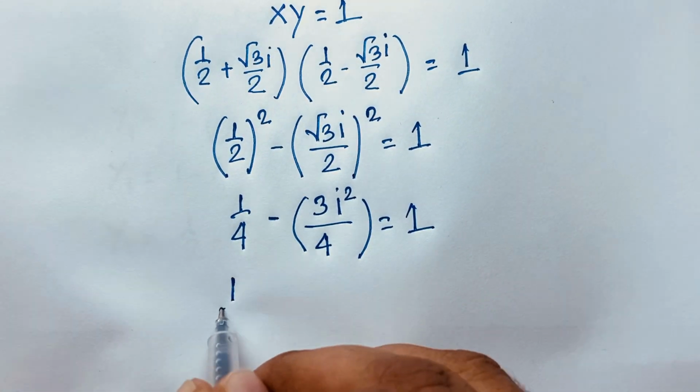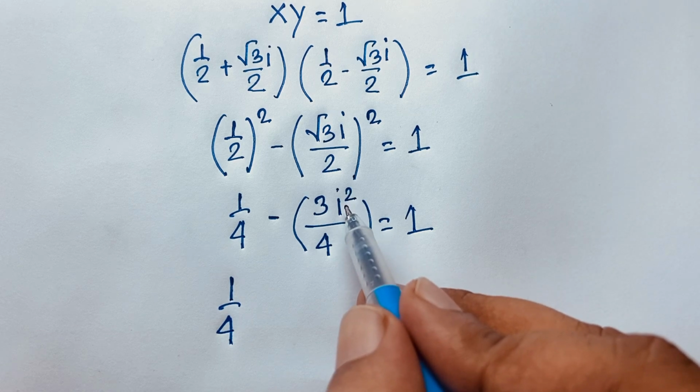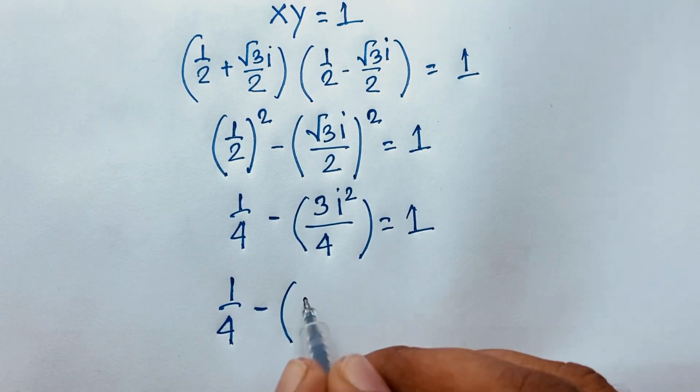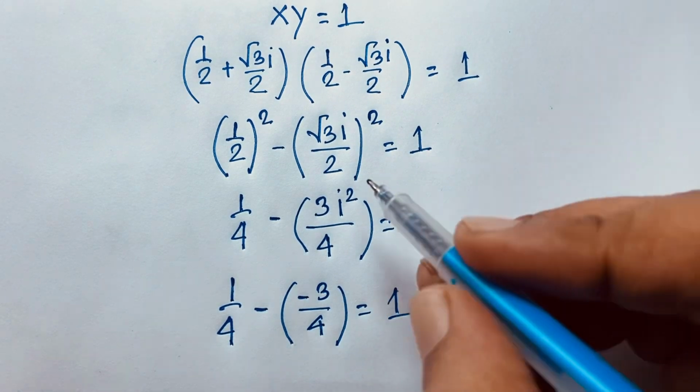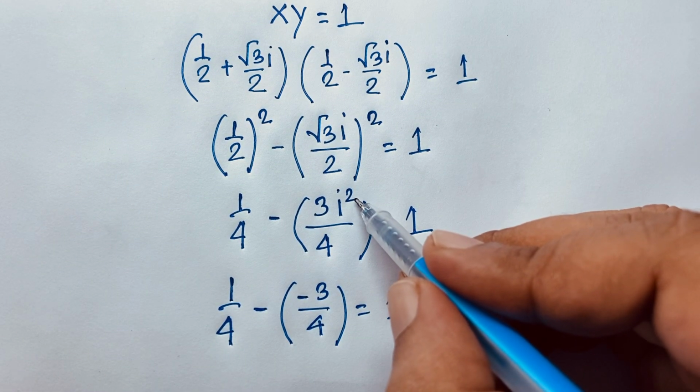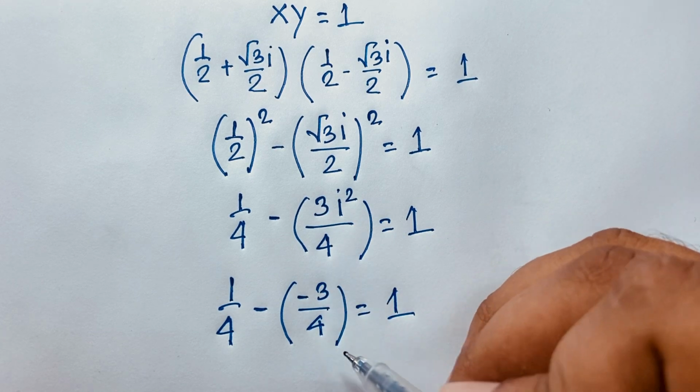Now you can see 1 over 4, and i squared will be negative 1, so at this moment it will be minus 3 over 4 is equal to 1. Because i to the power 2 will be minus 1, so I take minus 1 times 3, it will be minus 3 over 4.